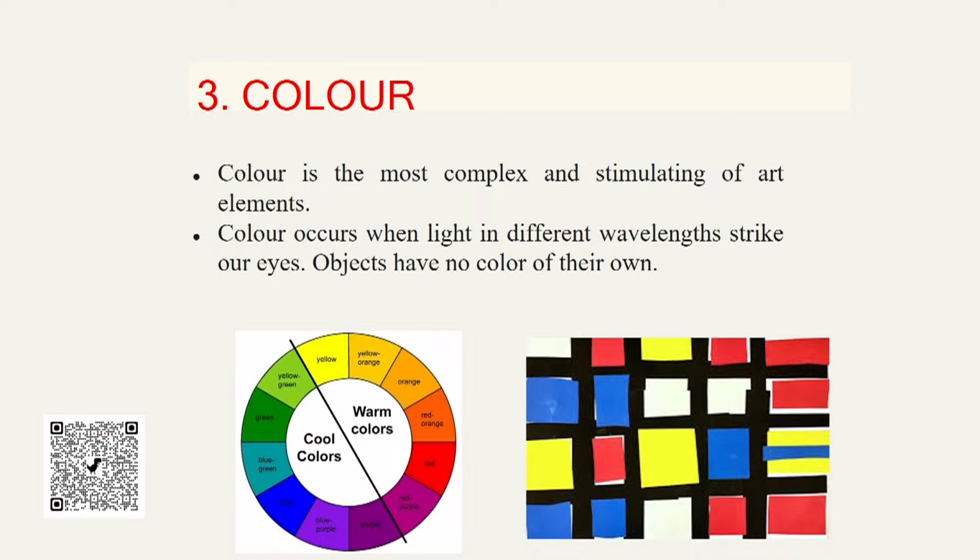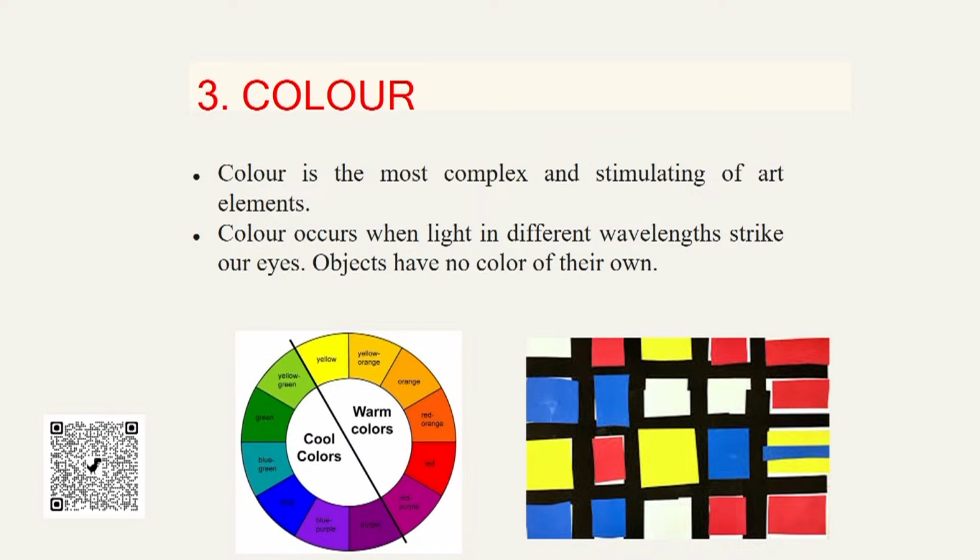Objects have no color of their own. However, when a light strikes on the retina of your eye, you will notice that mostly all the colors are reflected back, but just one color gets absorbed. So, therefore, the color which gets absorbed is the color which you are able to view.